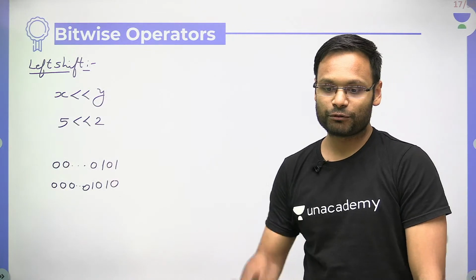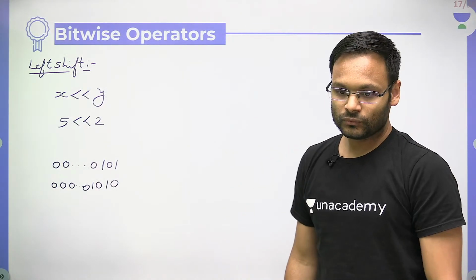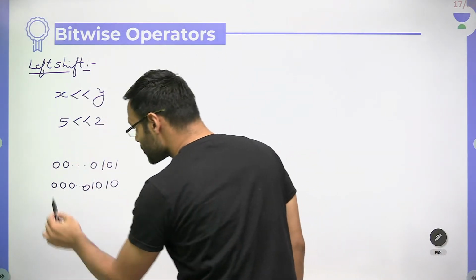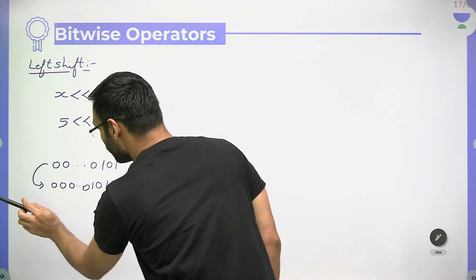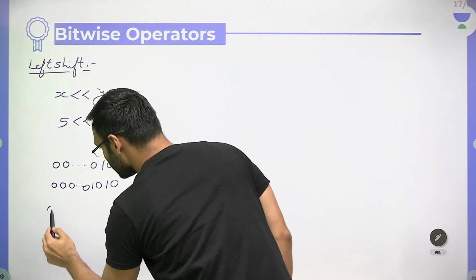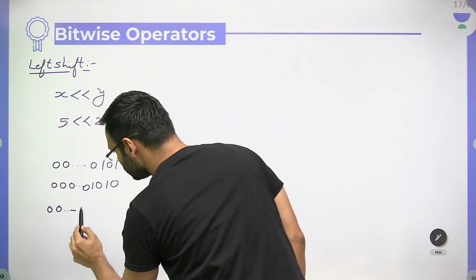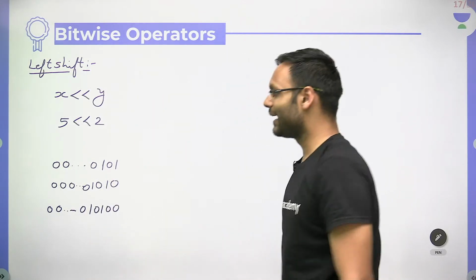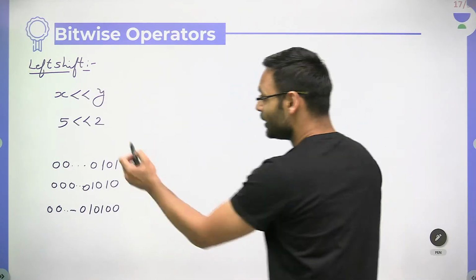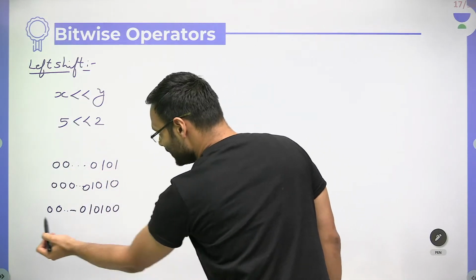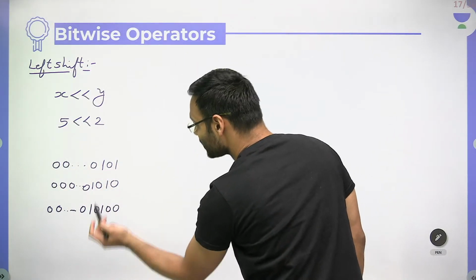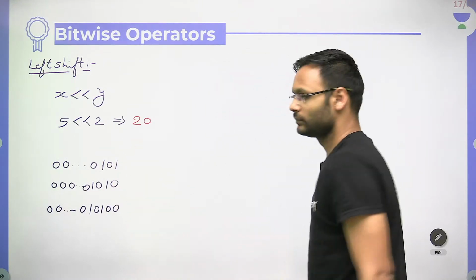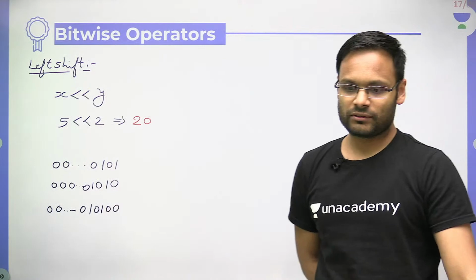This is left shift 1 time. Now, since I have to shift 2 times, shift one more time: 101, and now another 0 is added in the rightmost corner. So the result of this is what? This binary is nothing but decimal 20.